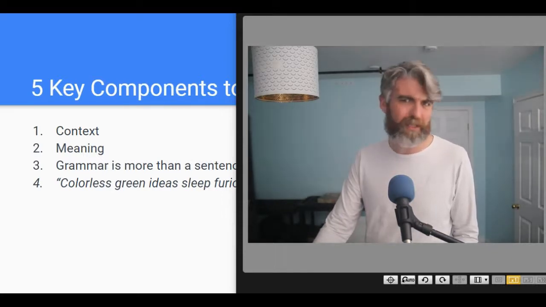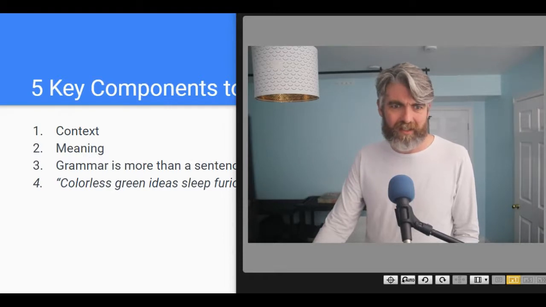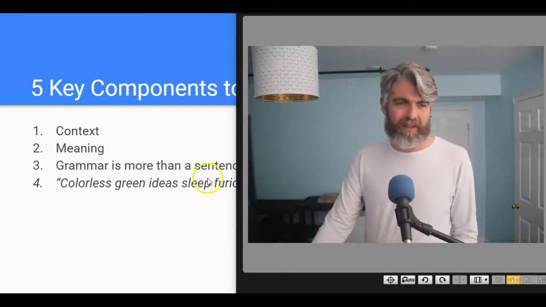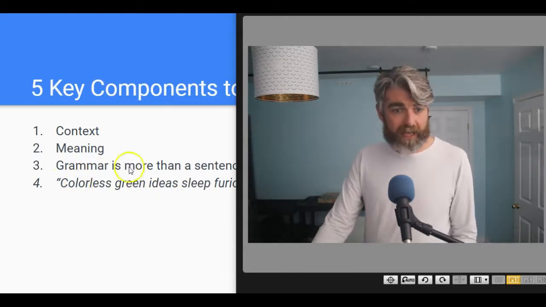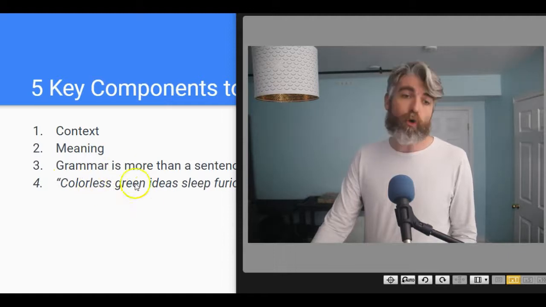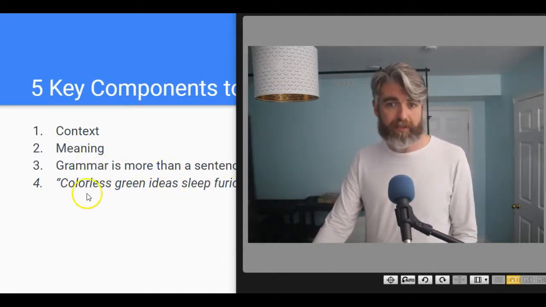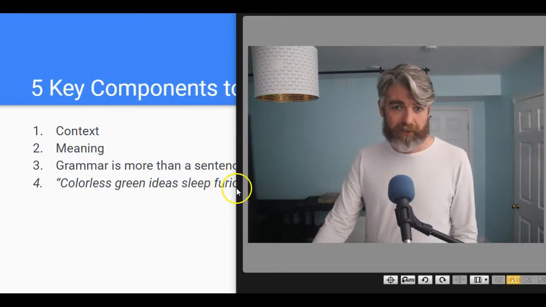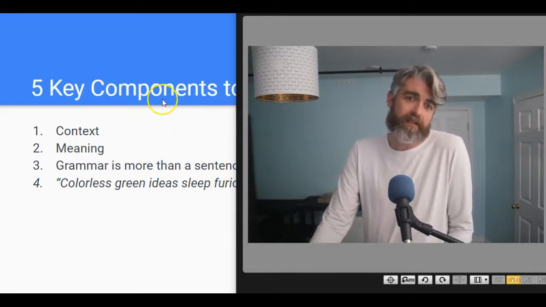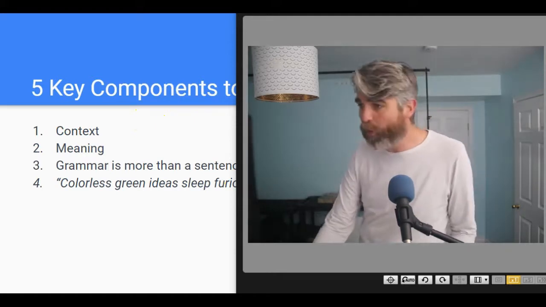But how can it be colorless if it's green? Colored ideas sleep? What? But this is correct. The colorless green ideas, that's the subject. We have the adjective order correct: two adjectives followed by a noun. That makes the subject sleep, subject plus verb, furiously, adverb. It's the correct word order.